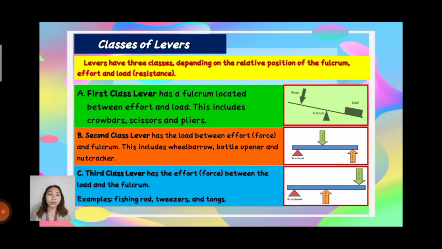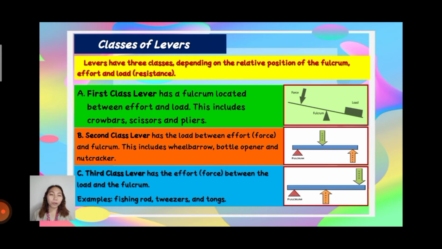And the second one is what we call the second class lever. Has the load between effort or force and fulcrum. It includes the wheelbarrow, bottle opener, and the nut cracker. So, kabantay ba mo nga ang load naa na siya sa tunga na center na siya. And the other one is what we call the third class lever.